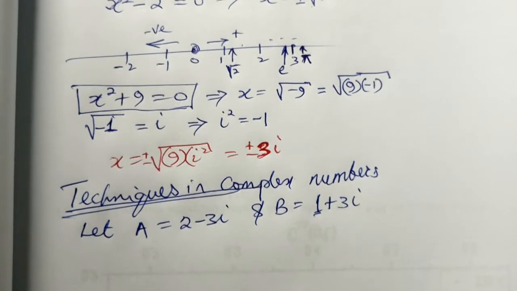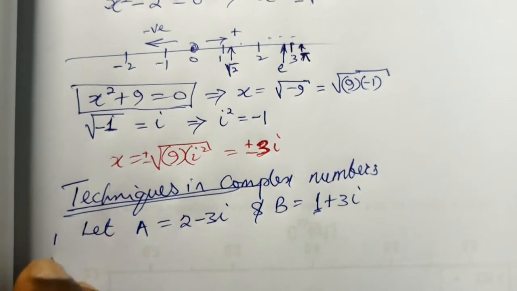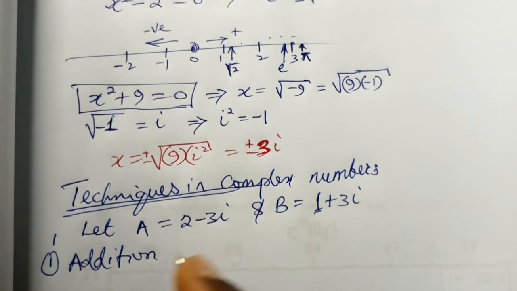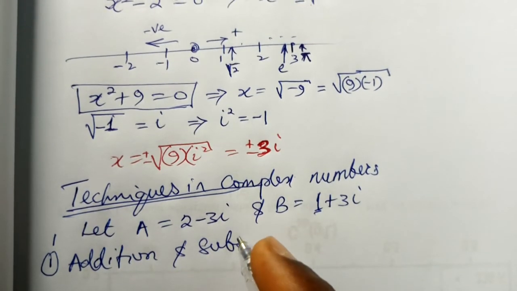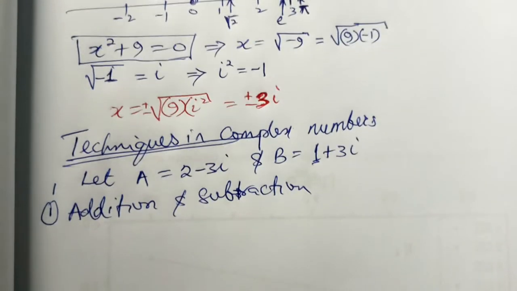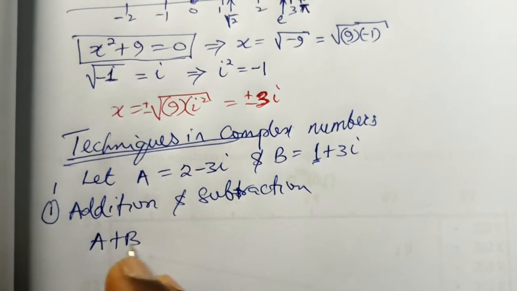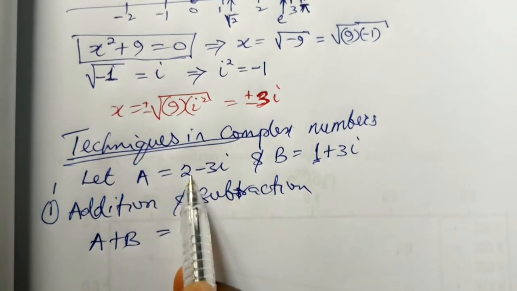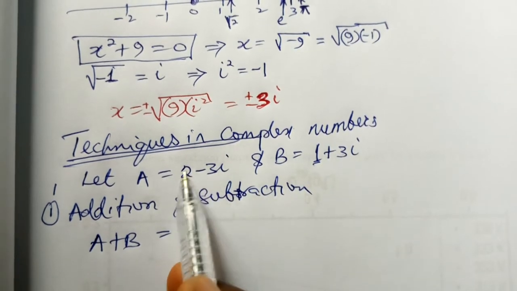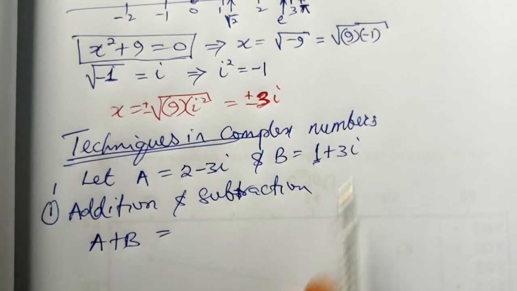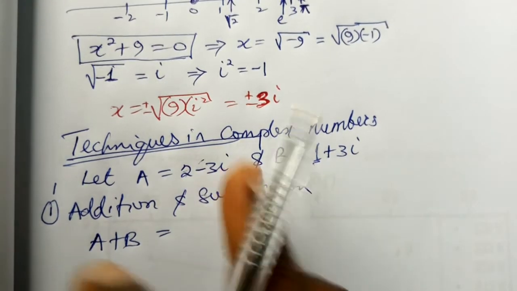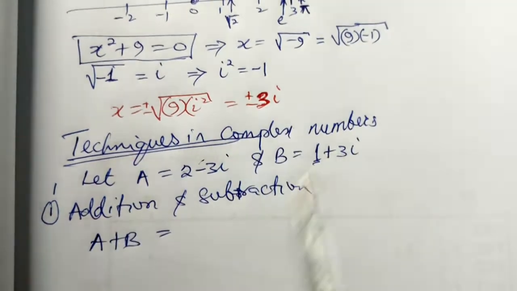If we want to do addition or subtraction, this one is the real part of the number, while this one with i is called the imaginary part. A number can have only a real part, that means the imaginary part is 0, and it can have only an imaginary part, that means the real part is 0.